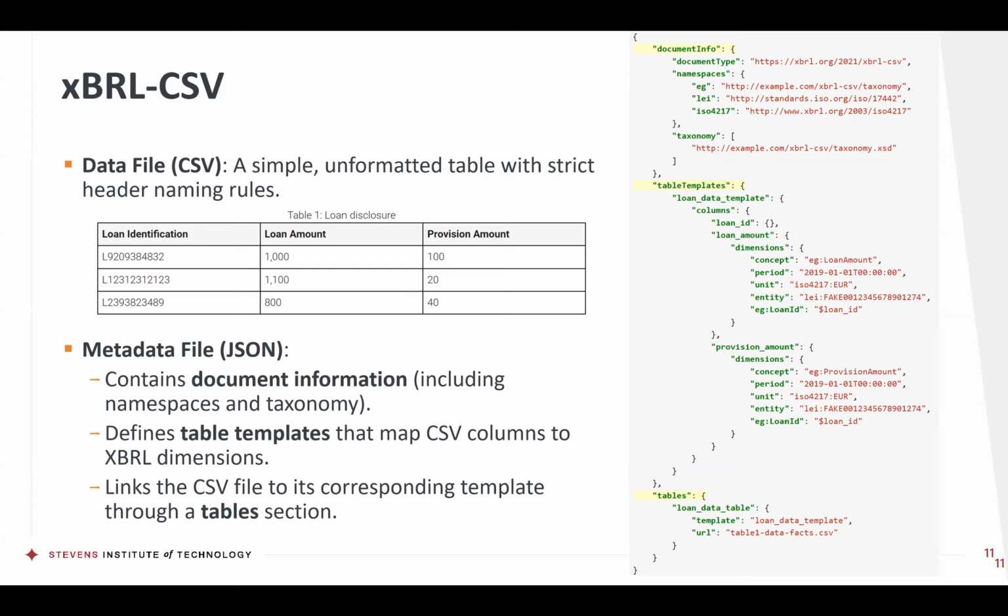This structure suits large volumes of numeric data where repeating patterns occur, like thousands of line items. Because CSV is lightweight, it reduces file size and speeds up processing, which is crucial for high throughput or bulk reporting scenarios.